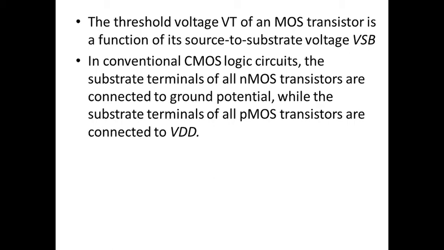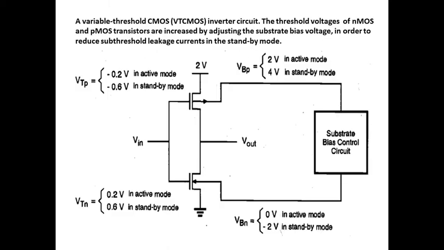Similarly, for the PMOS transistor, the source is connected to VDD and the substrate of the PMOS is also connected to VDD. So your source is at VDD, your substrate is at VDD, the source to substrate voltage is 0, there is no substrate bias effect, and the threshold voltage of the PMOS does not change.